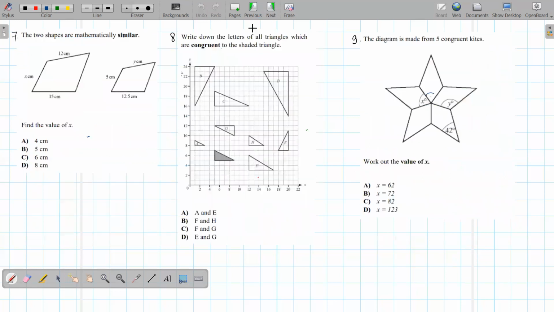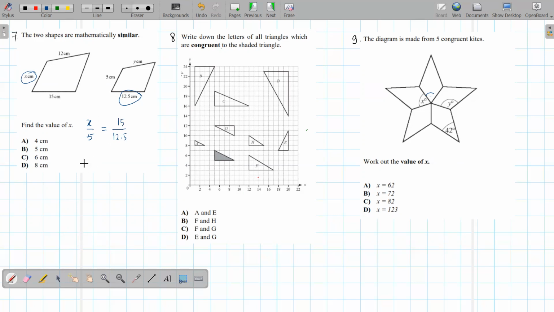Let's take a look at question number 7. For number 7, two shapes are mathematically similar. So if you want to find the value of x, you have to find the matching side of x, which is 5. So x over 5 equals, then here we are given 12.5, and therefore the matching side of this is 15.